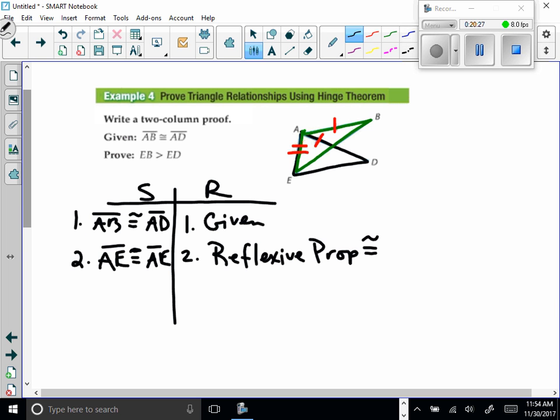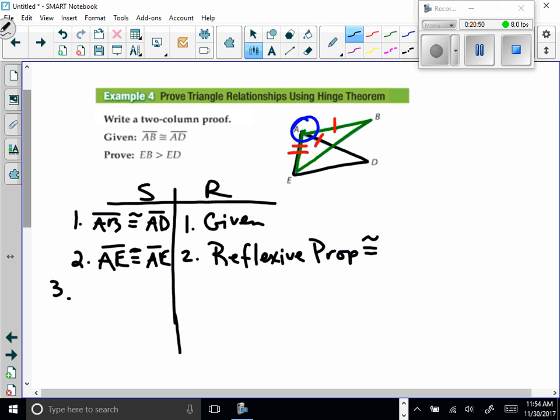Now I'm going to do something kind of interesting, because I have to show that one angle is different from the other, and I really have two angles here with a vertex of A. And actually I have three angles there with a vertex of A, so I'm going to use that idea. And I'm going to use angle addition here.